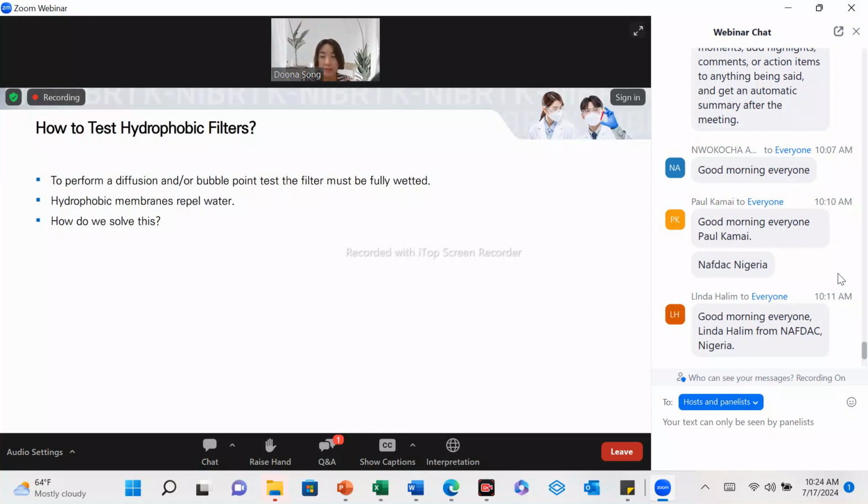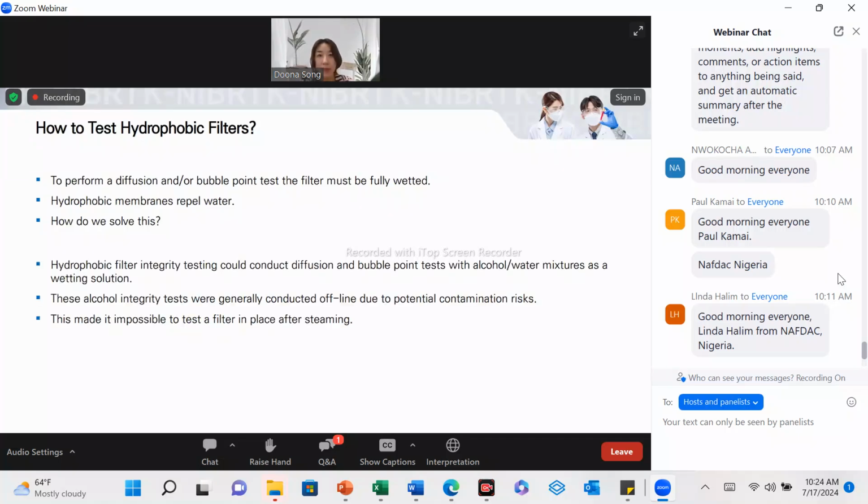How could we wet the membrane? We use a mixture of alcohol and water to wet hydrophobic filter for this test. But these tests are usually done offline to avoid contamination risk. Because of the contamination risk, it's not possible to test the filter in place after steaming.